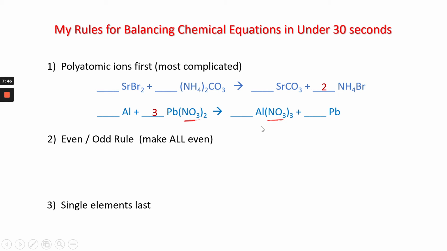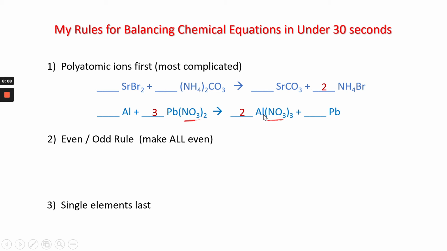So that means this first one has a coefficient of 3. That gives me 3 times 2 nitrates, 6 nitrates. And on the product side, because I have 3 nitrates, I would need to multiply that by 2. 2 times 3 nitrates is now 6 nitrates. At this point, you're going to be kind of like a cat chasing your tail.